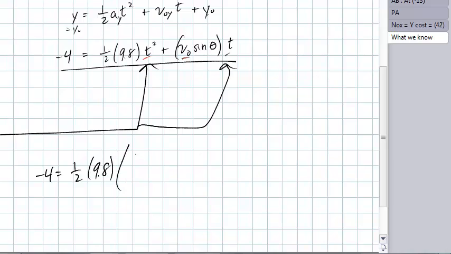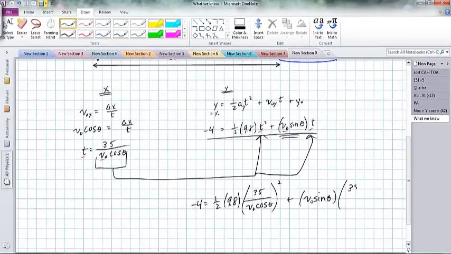So here I would plug in 35 over v naught cos theta, squared, because that time is squared right there, plus v naught sine theta, which was there before, times time, which again I'm subbing in for 35 over v naught cosine theta.